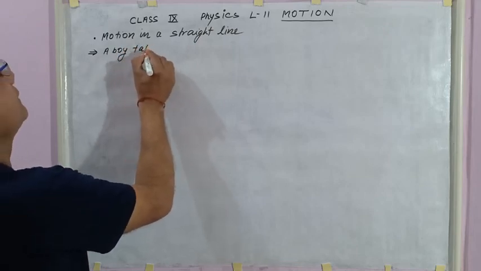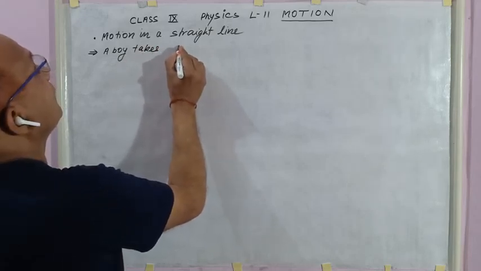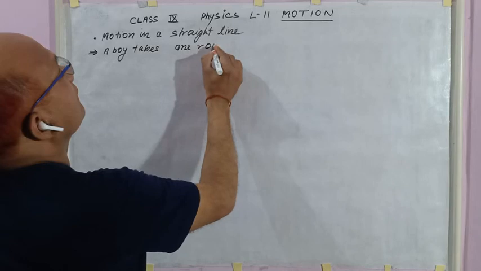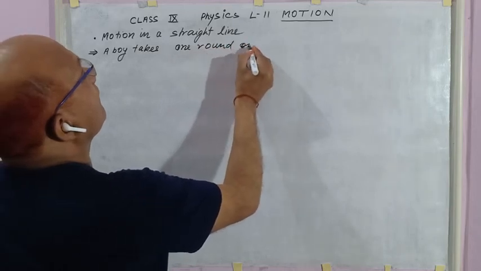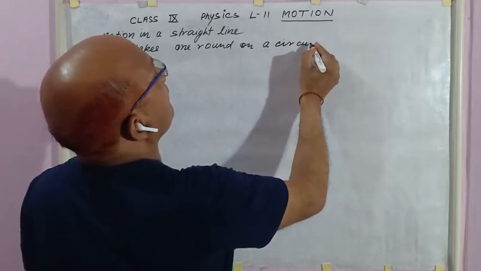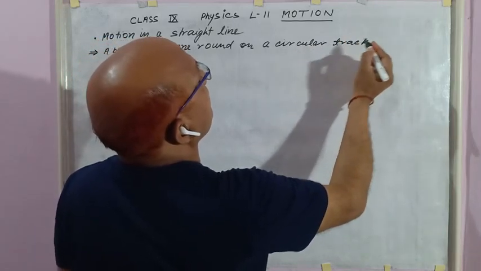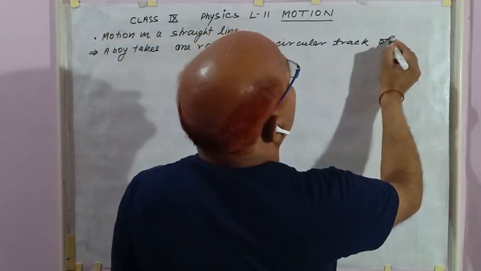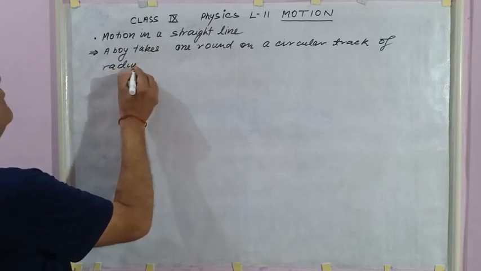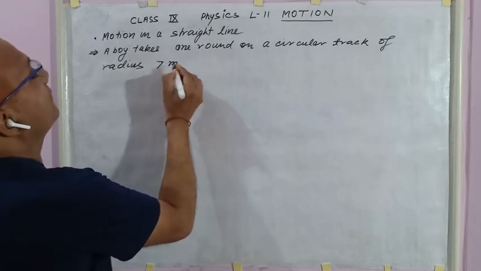A boy takes one round on a circular track of radius 7 meter.